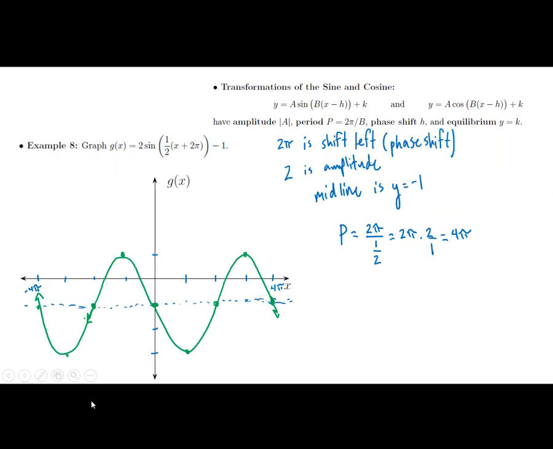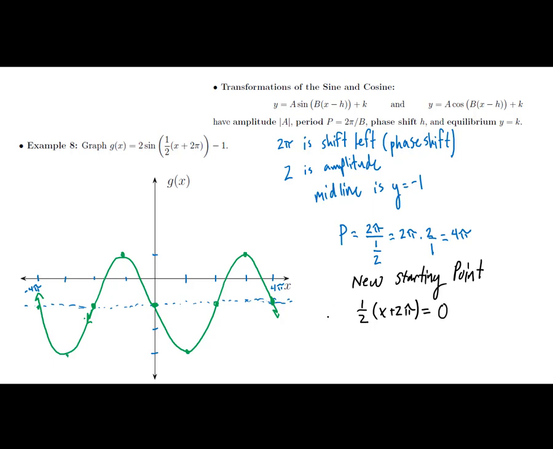And it's worth noting that you could have done the same thing here. I could have done that new starting point business even though it was already factored. I could say 1/2 times x plus 2 pi should equal 0.